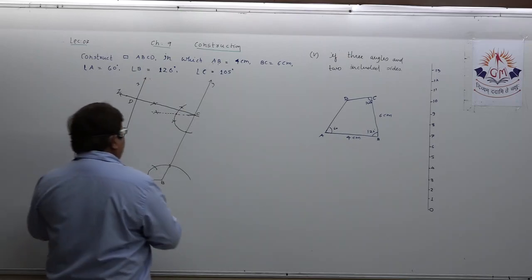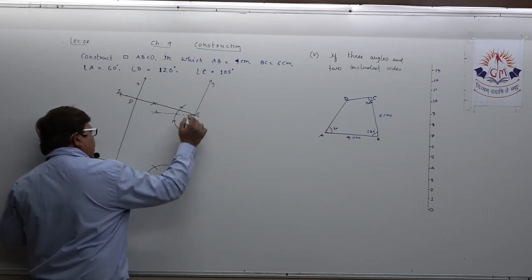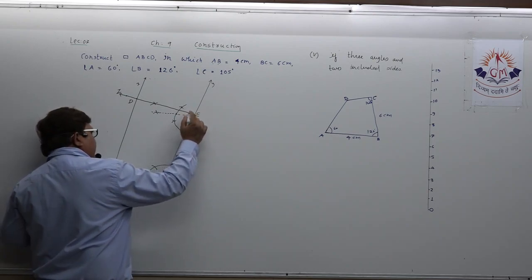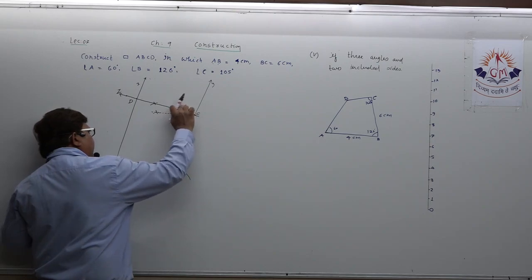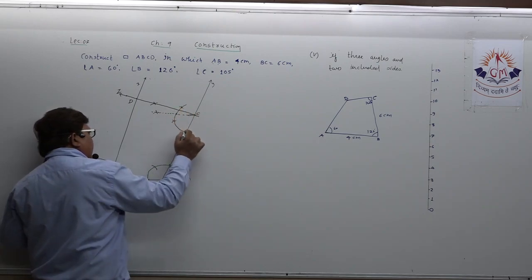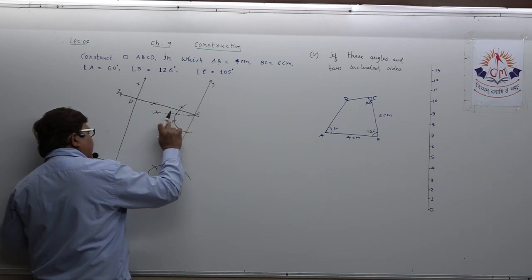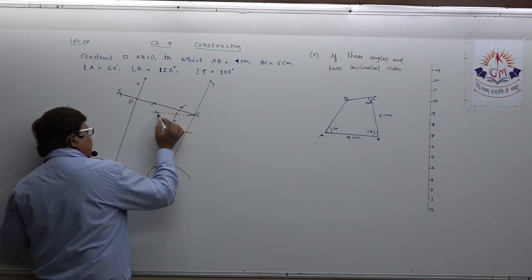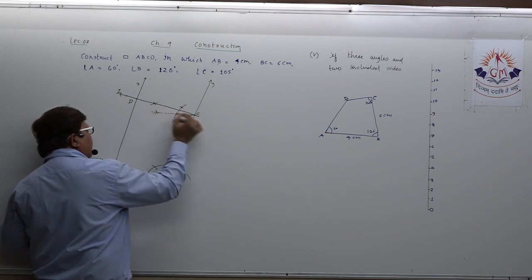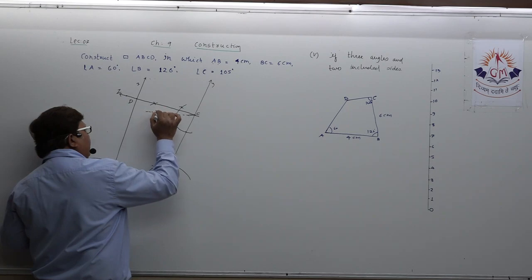I am just giving a reminder of this. Centering at C, taking some appropriate radius and drawing an arc, intersecting the arc once, shifting center, intersecting twice. Then from this one arc, this dotted line shows the angle of 90 degree.